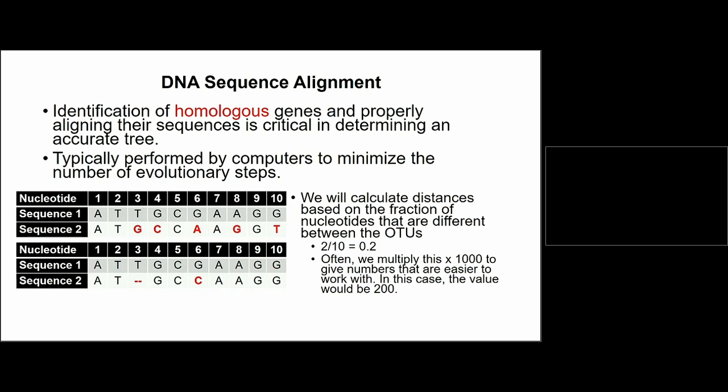So if we say there's 2 changes in this region between sequence 1 and sequence 2, we could assume that each sequence had 1 change, so that the ancestral sequence probably had one of the sequence 1 versions and one of the sequence 2 versions, right? So when we look for that ancestral sequence, we're going to say that it's half of the changes from one sequence and half of the changes to the other sequence. Does that make sense? Kind of, sort of? All right, let's try to make a tree.